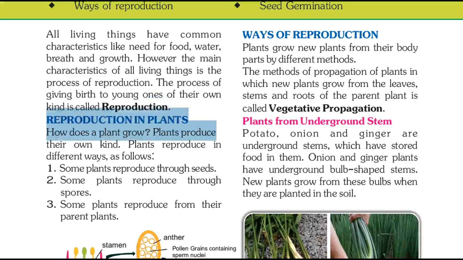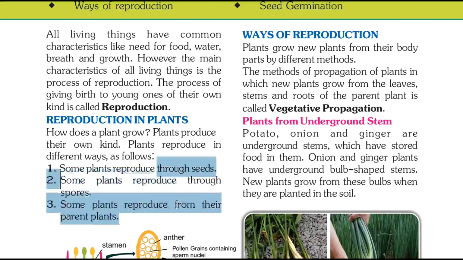Reproduction in plants. How does a plant grow? Plants produce their own kind. Plants reproduce in different ways as follows. Number 1. Some plants reproduce through seeds. Number 2.